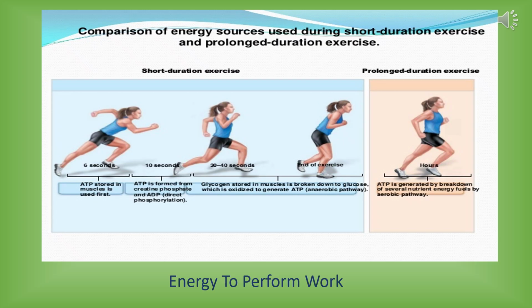We have glucose inside of muscle cells. It is a storage form of glucose that is called glycogen. And we have the mitochondria, which has the unique ability to take the oxygen and burn the glucose and therefore release energy, which can be used to make ATP from ADP.